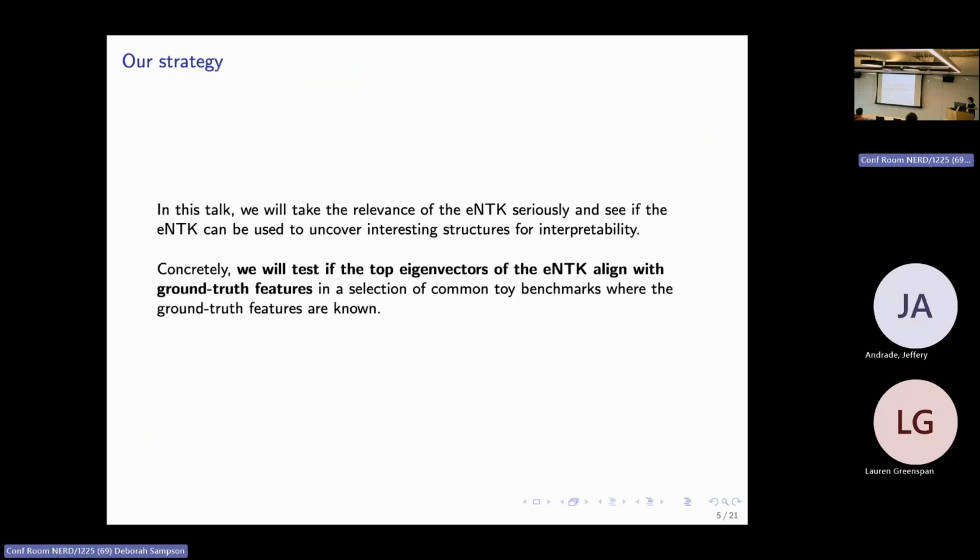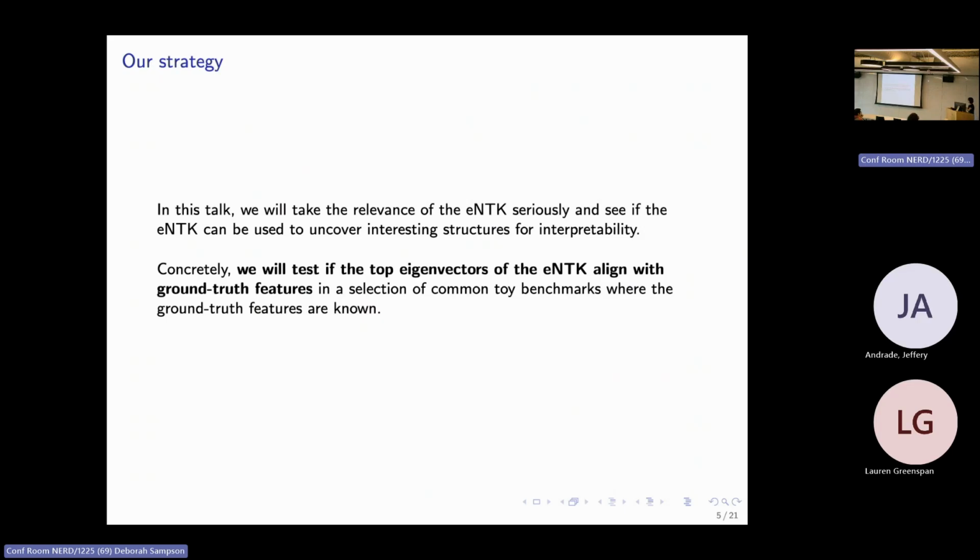So taking that as the backdrop, the starting point, in this talk what I want to do is take the relevance of this ENTK seriously without necessarily committing to the full hypothesis, at least take seriously the idea that it's an interesting object reflecting non-trivial structure in learned models, and see if it can be helpful for interpretability.